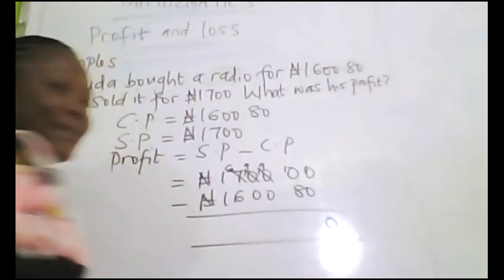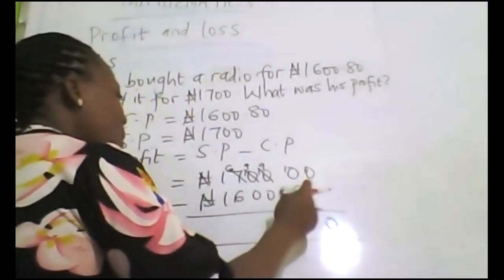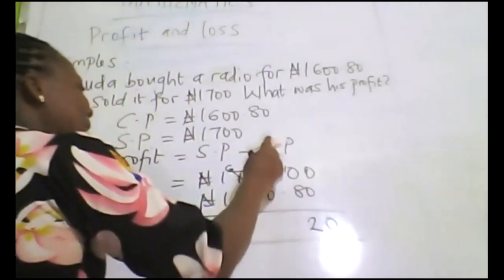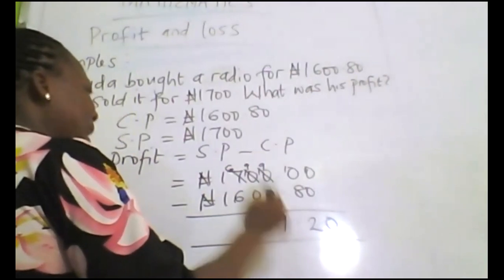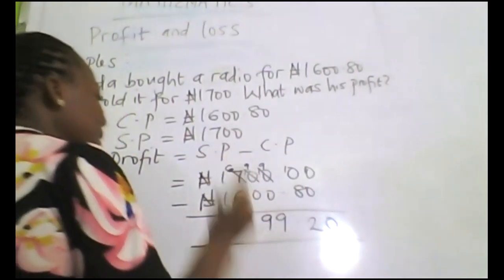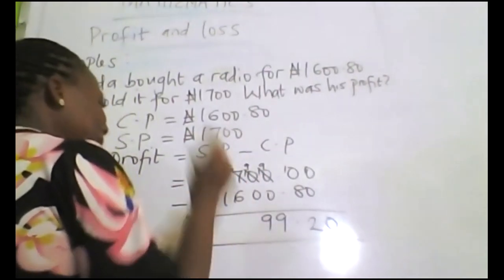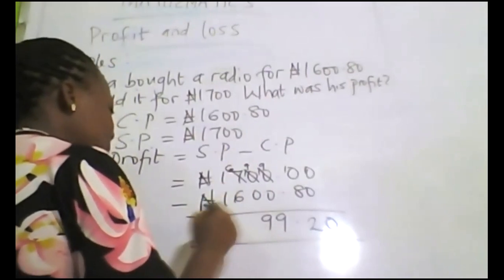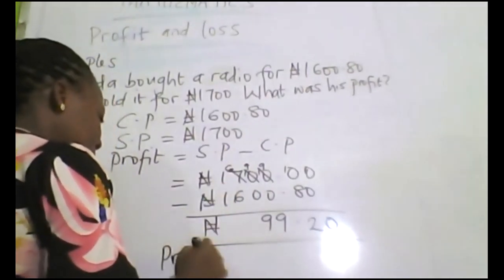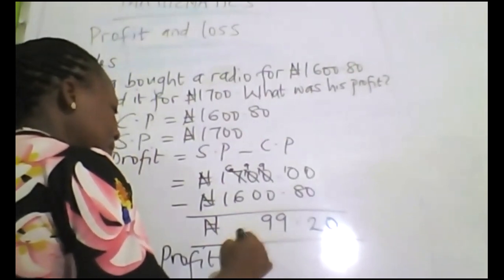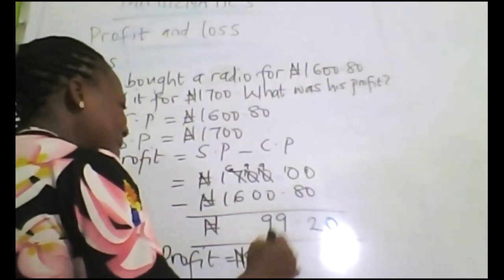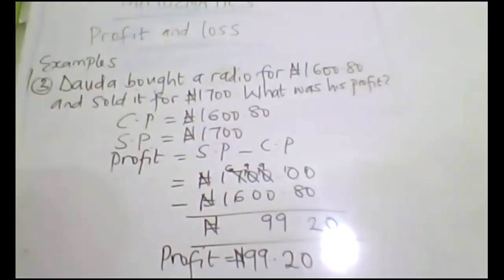This becomes 10. 10 take away 8 is 2. 9 take away 0 is 9. 9 take away 0 is 9. 6 take away 6 is nothing. 1 take away 1 is nothing. So I have my profit equal to 99 naira 20 kobo.